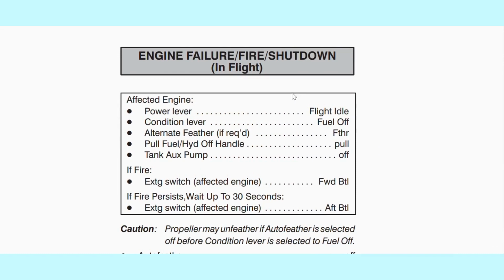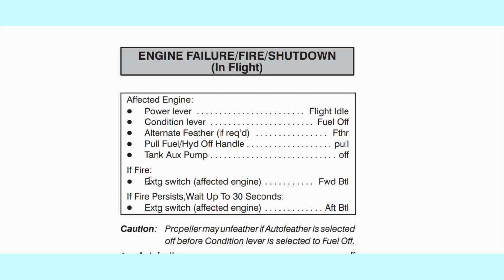If you see the first letters of all of these items here, it's pronounced as P capped. So I just keep P capped I E I E. If extinguish, if extinguish. Okay, so P capped is what I keep in my mind. Okay, power lever, condition lever, alternate feather, pull fuel handle, and tank aux pump. Basically that's what I memorized and I keep in my mind.